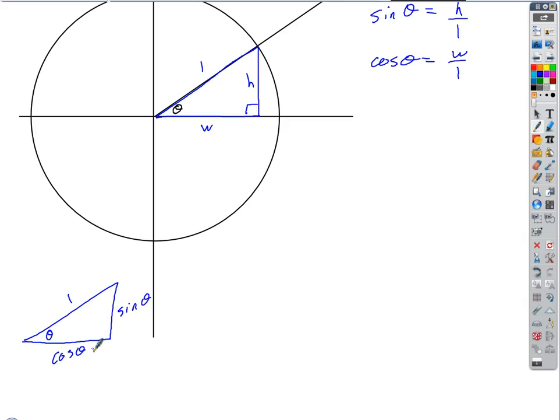Okay, so what are we going to do then with this? I mean, tangent theta is literally tangent theta, not triangle.